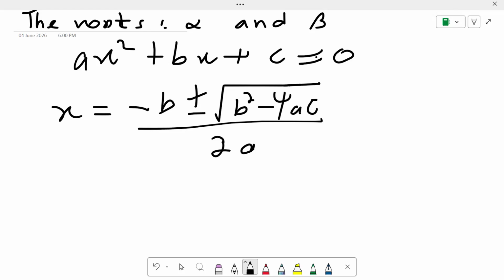So we have negative b plus square root of b squared minus 4ac, or negative b minus square root of b squared minus 4ac, all over 2a.